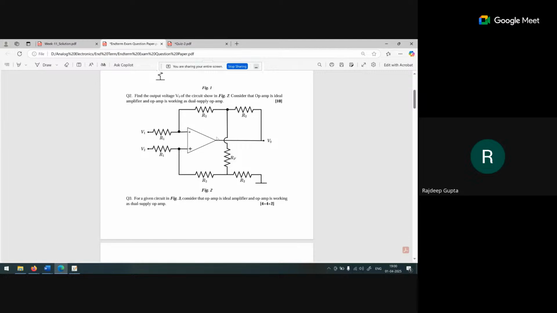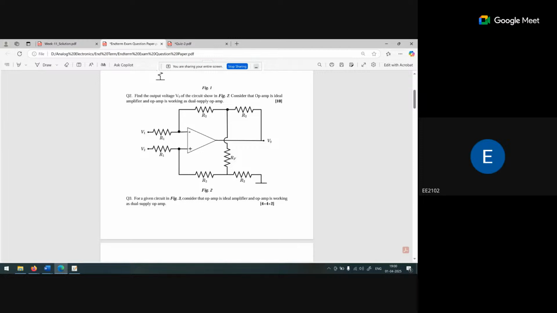Not getting the idea how to solve it. If you give some hint, then we will try.